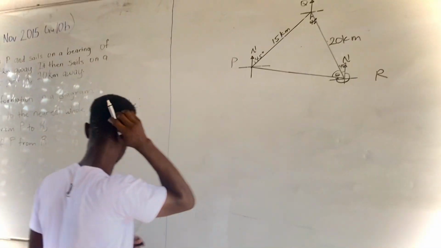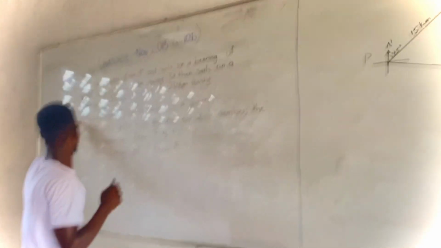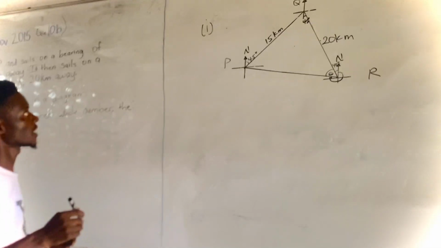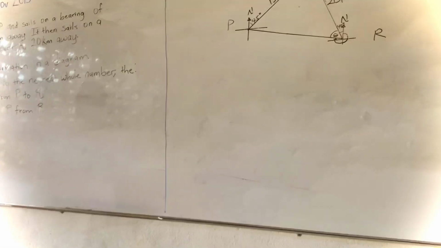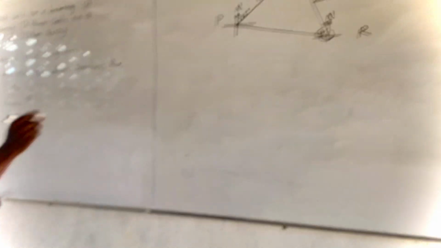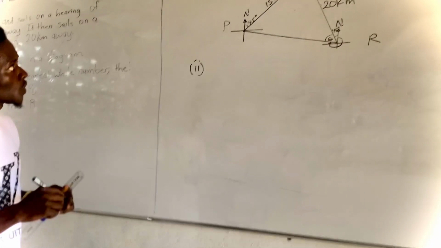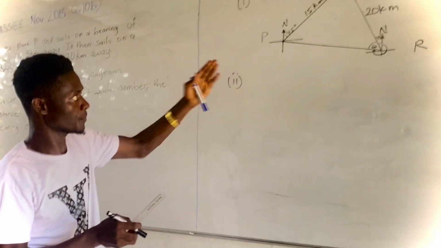But before then, we already have the representation of the diagram. That is Roman number 1. So Roman number 2 says we should calculate, correct to the nearest degree, the distance from P to Q. So this is Roman number 2. Before we can calculate the distance, we have to be able to figure out the type of triangle it is.